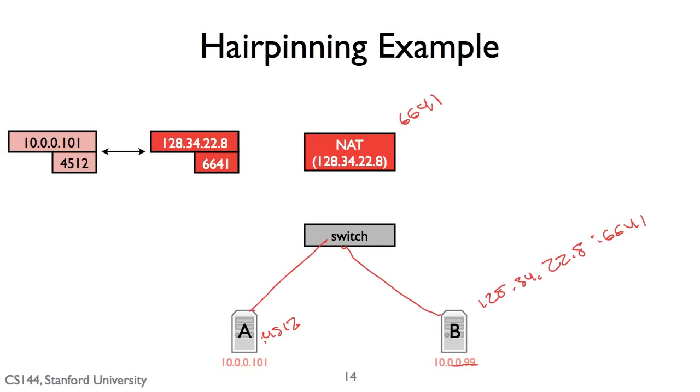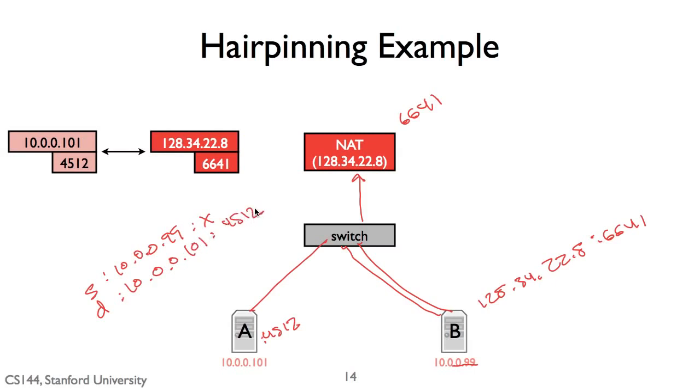Well, let's walk through what happens if the NAT doesn't translate the source address and port. This packet will go through the switch to the NAT, which will rewrite it to be going to 10.0.0.101 port 4512. So what A will see is a packet with source 10.0.0.99, let's just say port X, it doesn't really matter, destination 10.0.0.101, port 4512.